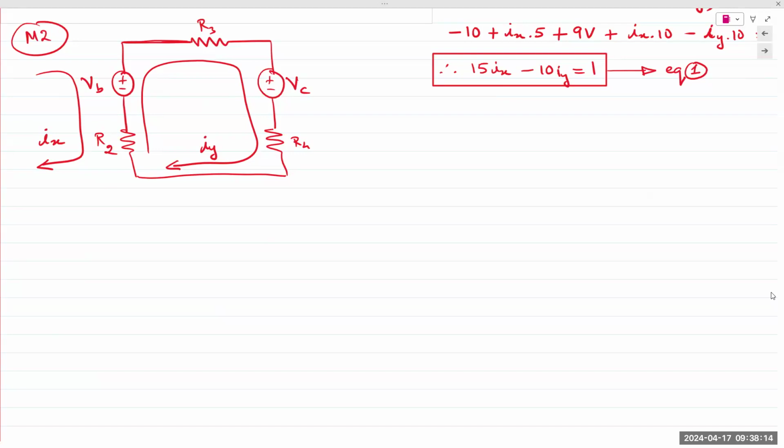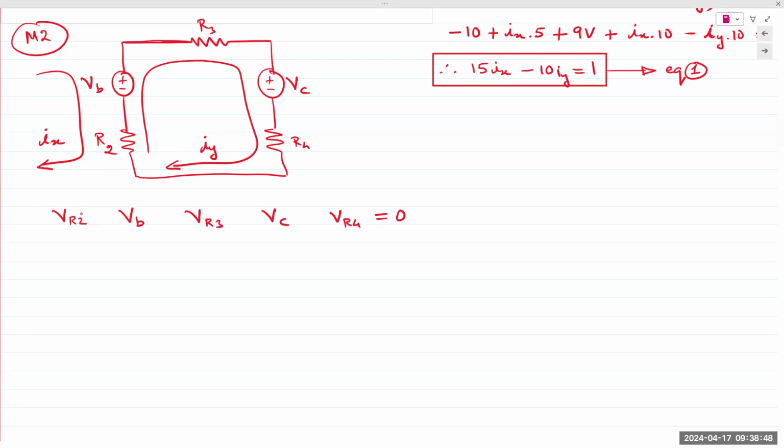Okay, so once you have your mesh drawn out, count the number of components, and those components, of course, will equal the number of terms in your equation. So here we have 5. Starting from the bottom left corner, I have VR2, VB, VR3, VC, and VR4, summing up to 0.